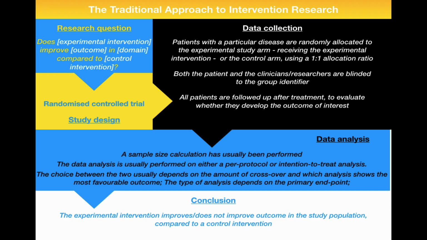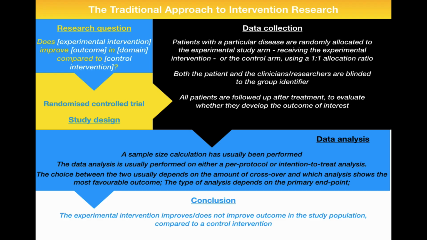Now, you probably already get the sense that this traditional approach is already a lot better than in the other research types. And that is probably due to the fact that intervention research tends to be heavily regulated, especially large drug trials. And these trials oftentimes also involve a statistician or epidemiologist.